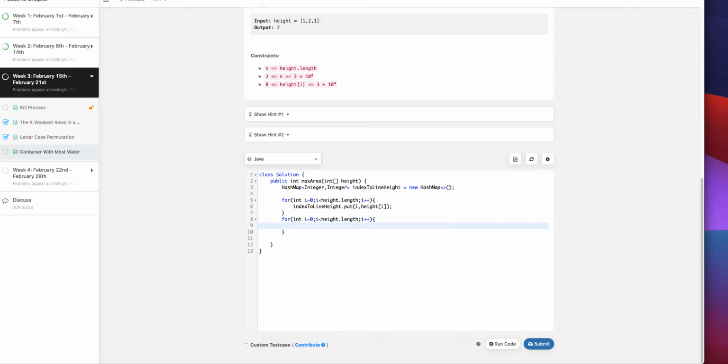So now whenever I'm at index 0, I'm going to get the length of the line at index 1, 2, 3, 4, 5 subsequently and calculate the minimum value.